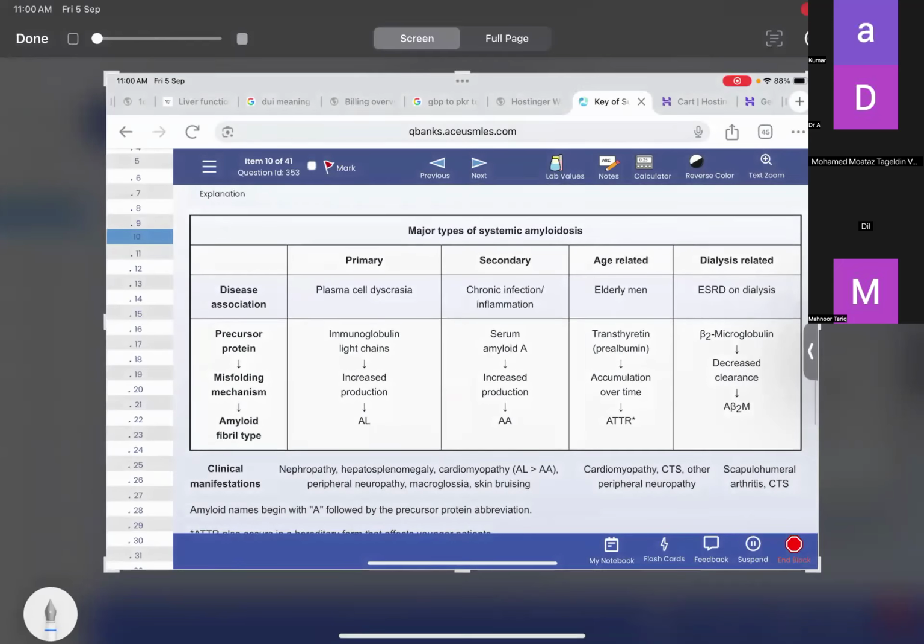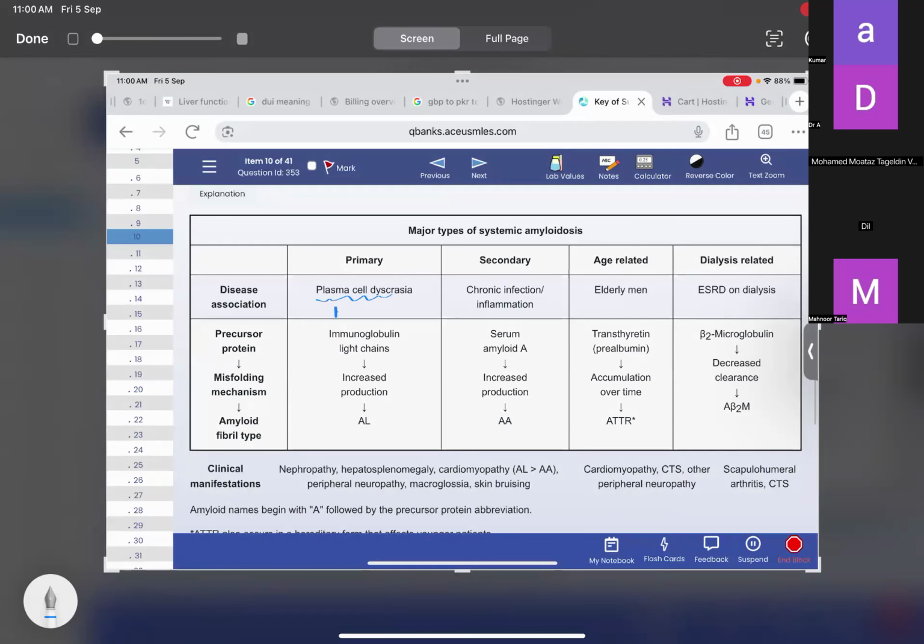So you were discussing amyloidosis, right? What are the causes of amyloidosis? We have discussed what amyloid protein is.